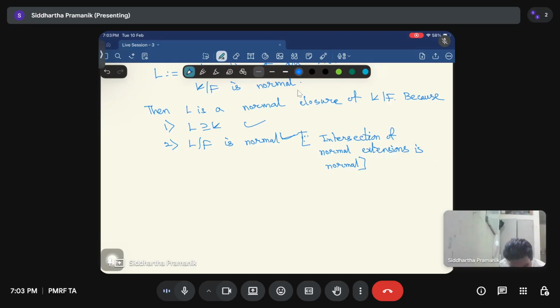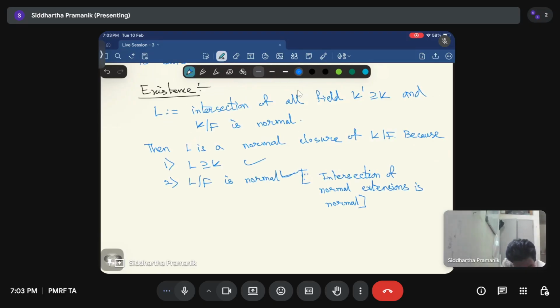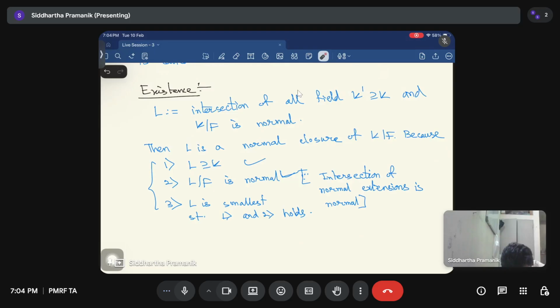Because if you take any other such K prime, then K prime has to contain L. And third, L is smallest such that 1 and 2 hold. So altogether, these three give that L is the normal closure. So this proves the existence.